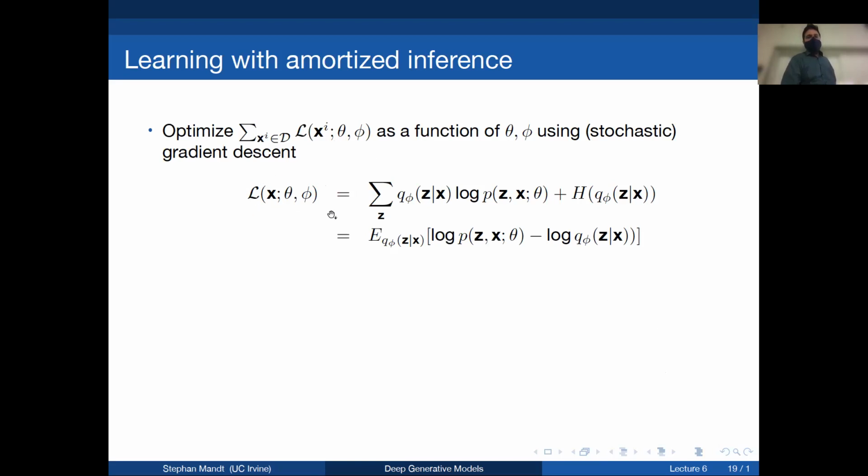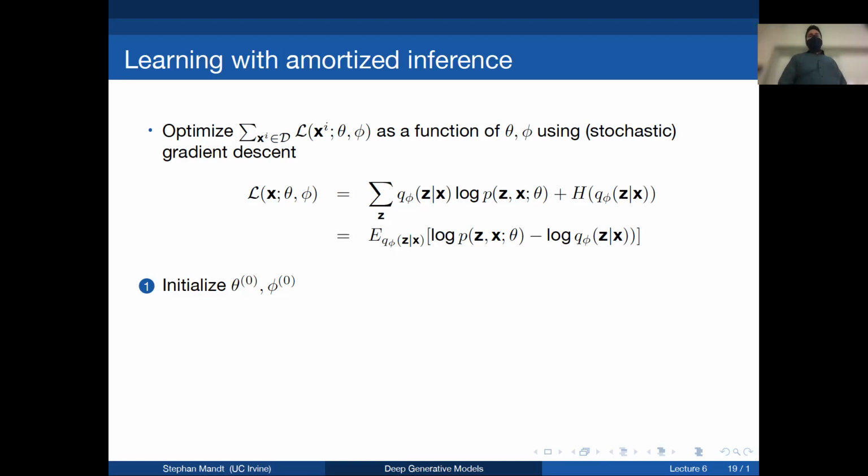This is how the ELBO looks as we learned about it, but now phi has a different meaning. Phi are now these amortized inference parameters, which no longer depend on individual data points. In some sense, phi and theta now become much more on par with each other. The whole expression looks much more symmetric in phi and theta, in the sense that you can now jointly optimize the ELBO over phi and theta.